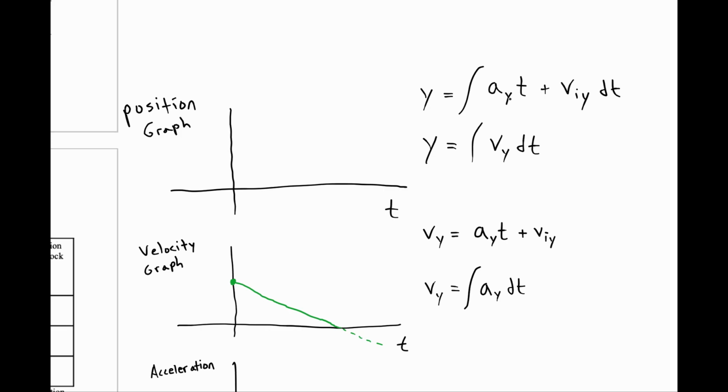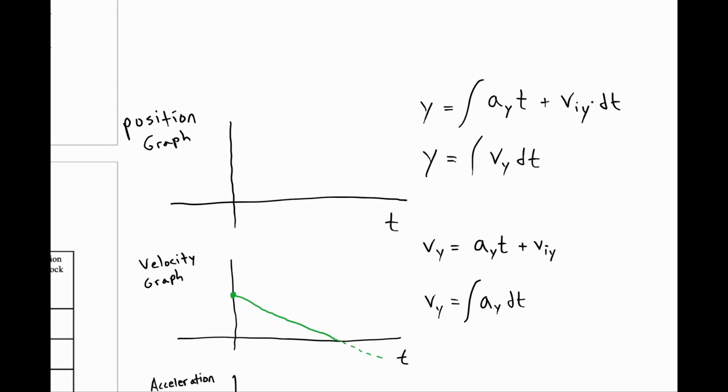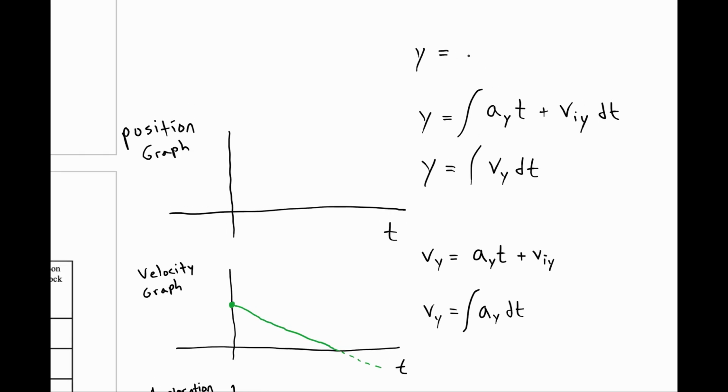And you just got to find an antiderivative for each of those with respect to t. So you're going to get y equals, do an antiderivative of a constant times t, which will be 1/2 times that constant times t squared. Then do an antiderivative of just a constant v_iy, which becomes v_iy t. And then you got to put plus the constant c, of course, anytime you do an antiderivative. But in this case, the symbol y_i, the initial position.